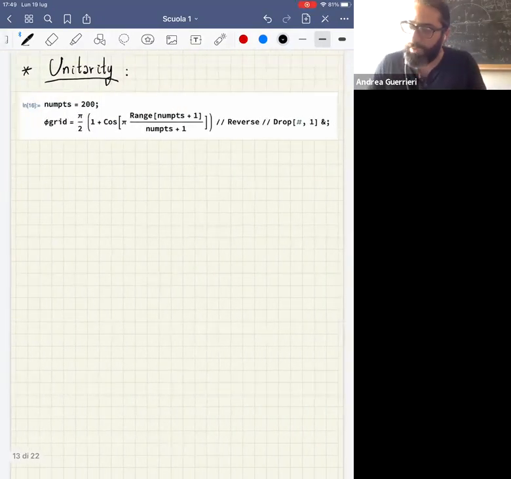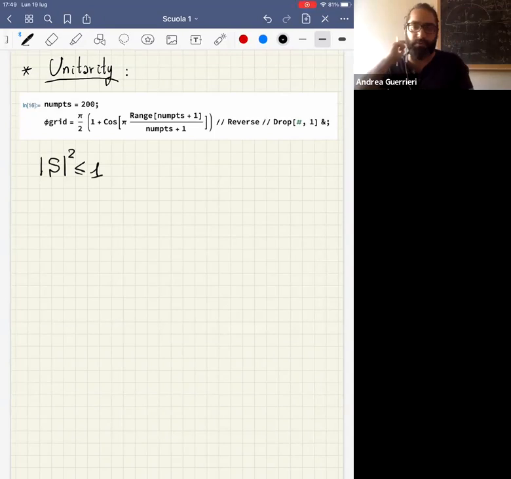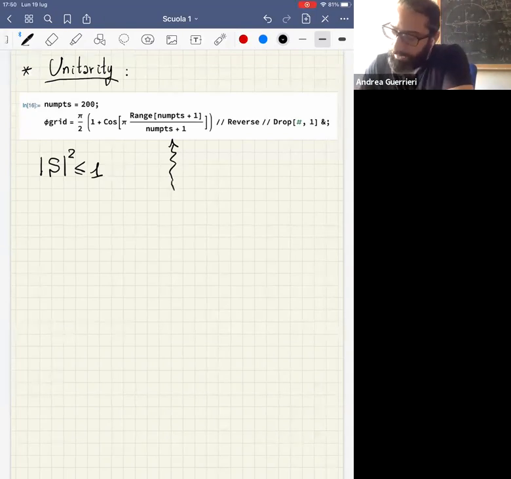To impose unitarity, as was said also before by, I don't remember who, we want to impose unitarity for all points, but we cannot. So what we are going to do is choose a grid. Unitarity for the S matrix is simply the absolute value squared less than or equal to 1. So this is the condition that we are going to impose. A very convenient grid that we choose is this Chebyshev grid. We don't have any deep reason to choose this grid.